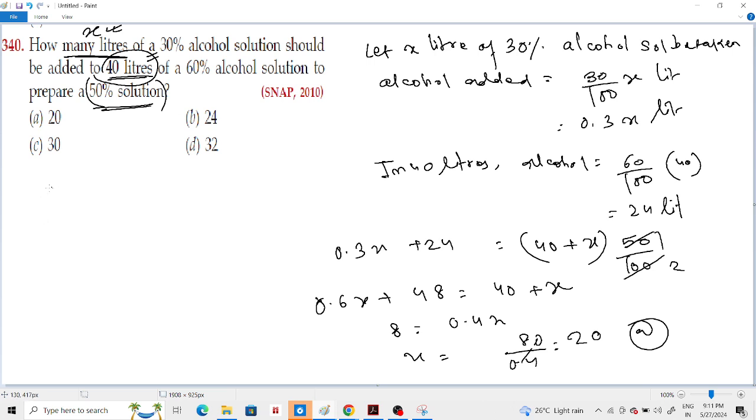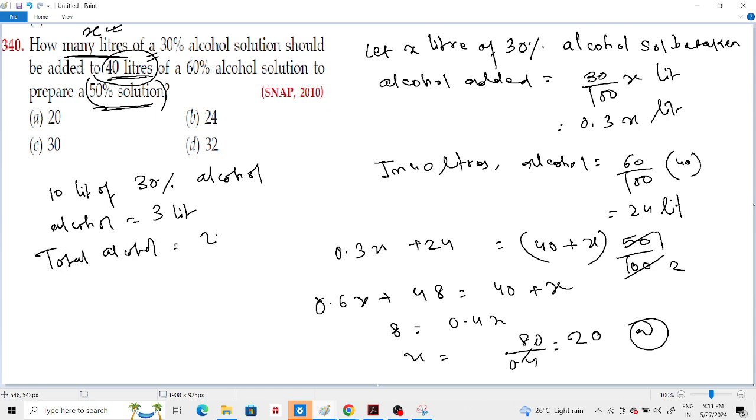So if I take 10 liters of 30%, that is 3 liters, and 40 liters is already 24 liters, so total alcohol is 27 liters.